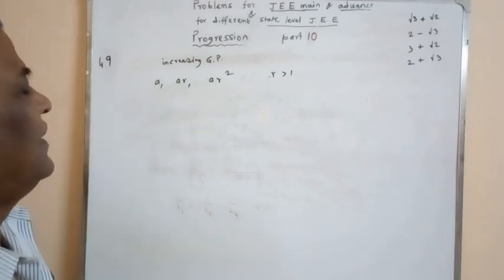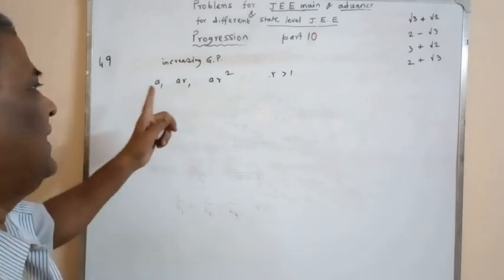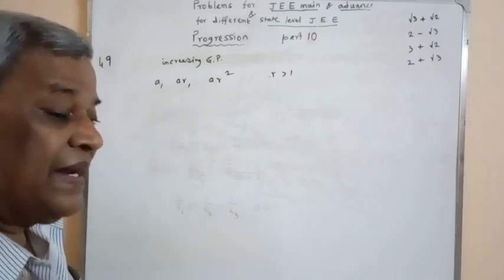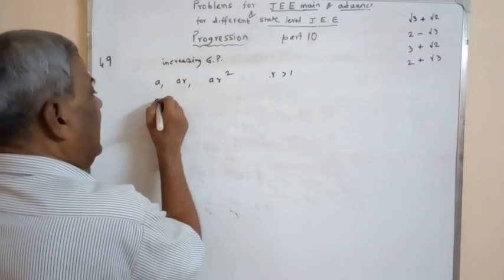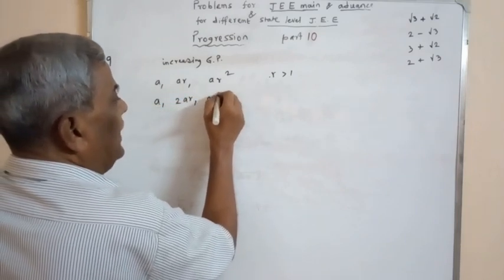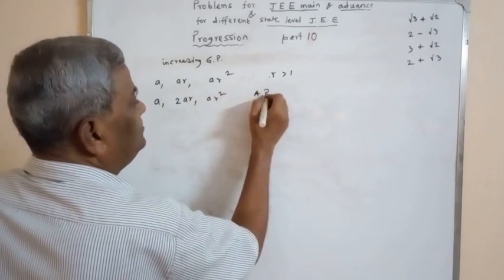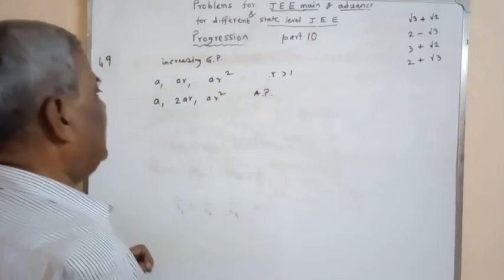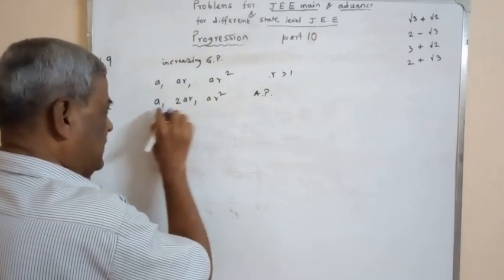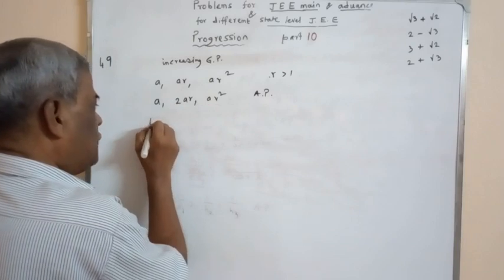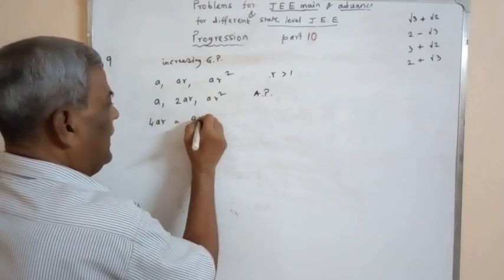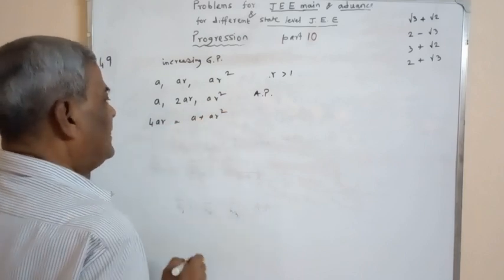Next, the second condition is that if the middle term is doubled, then the resultant series is an AP, that is A, 2AR, AR square is in AP. That is, twice of that is equal to this plus that. That is 4AR is equal to A plus AR square.